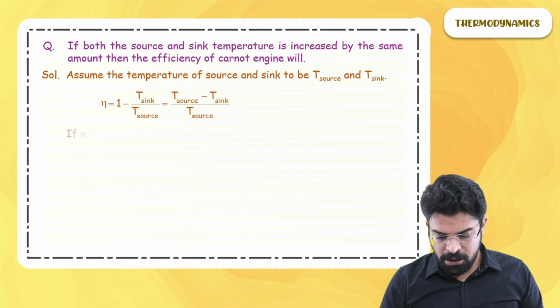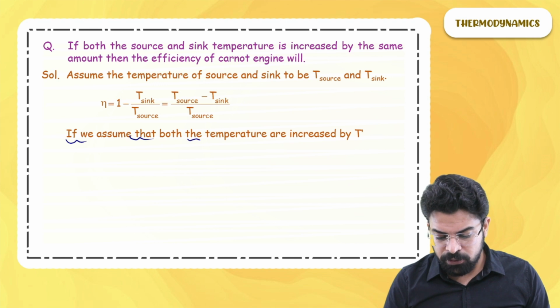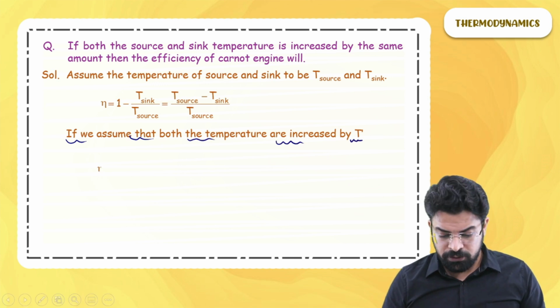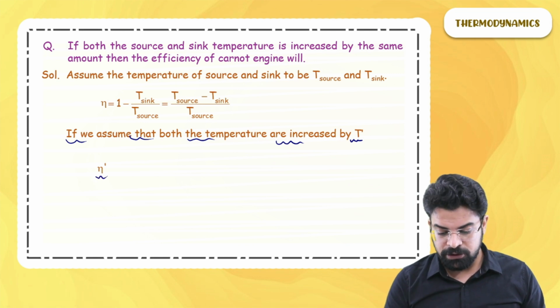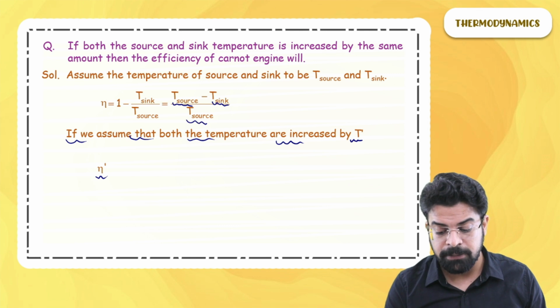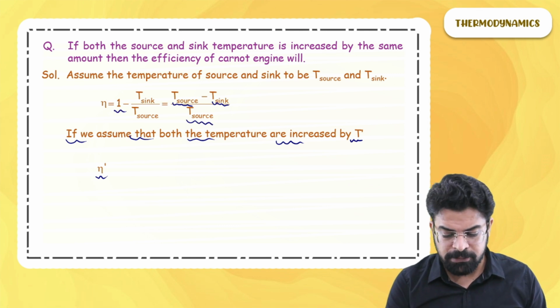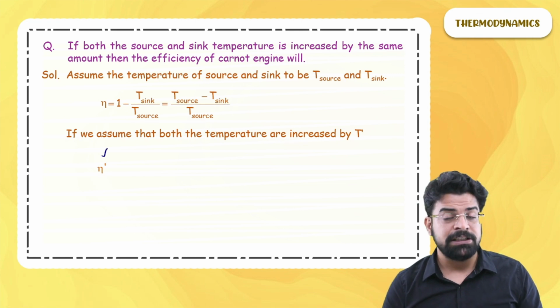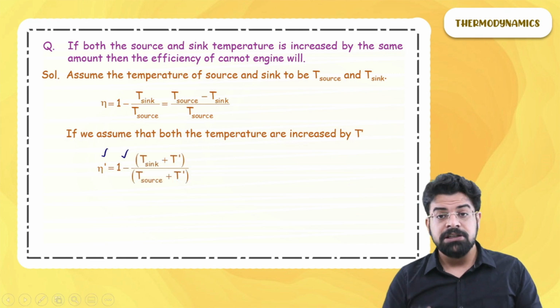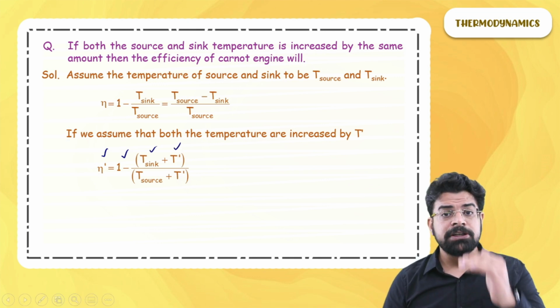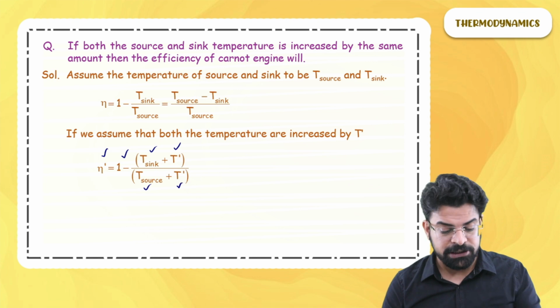Now the new efficiency will be equal to 1 minus new temperature of sink by new temperature of source. So the new efficiency N dash will be equal to 1 minus the new temperature of sink, that is T sink plus T dash, upon the new temperature of source, that is T source plus T dash.